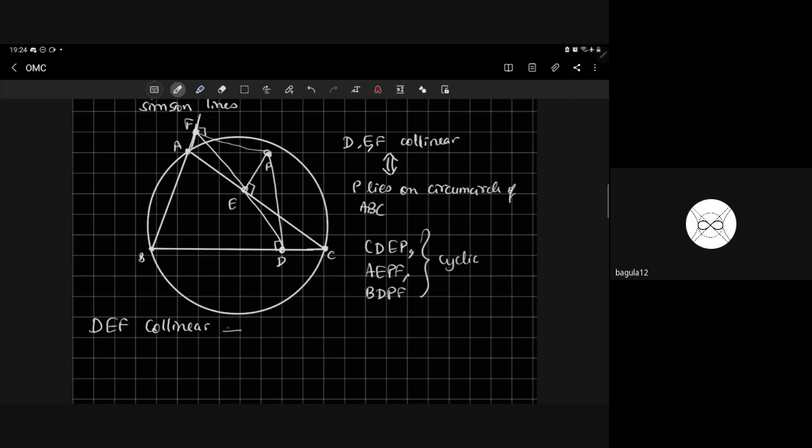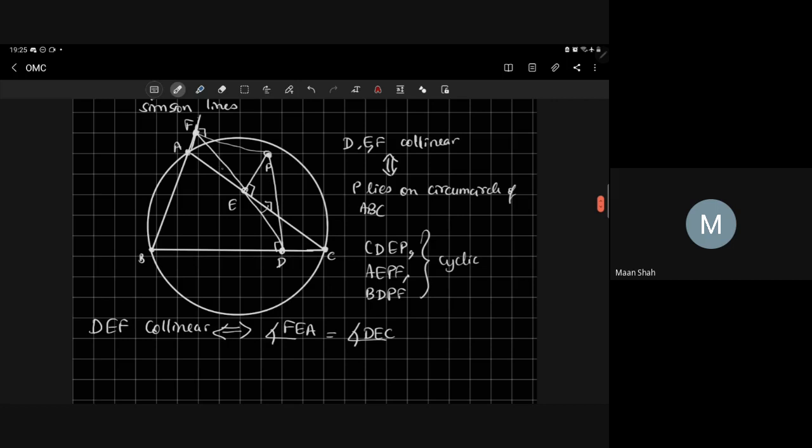DEF collinear if and only if directed angle, again mod 180 degrees, FEA equals directed angle DEC. Does that make sense? DEC is this angle, and FEA is this angle. So if these two are equal, only then DEF is collinear, and if DEF are collinear, then these two angles are equal. So again, that's an if and only if condition, right?